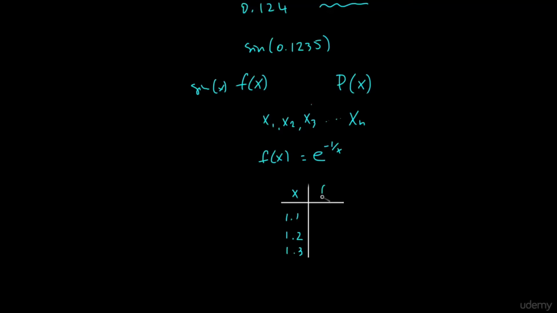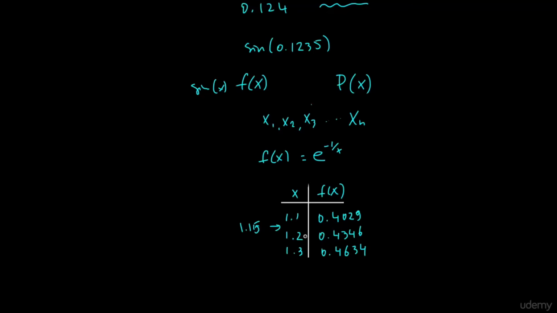Maybe I'm reading a table somewhere, or maybe I've calculated it myself, I have the values 0.4029, 0.4346, and 0.4634. Okay, so these are the values I have, and let's suppose I am looking for some value that's in between. Maybe it's 1.15 or something else.